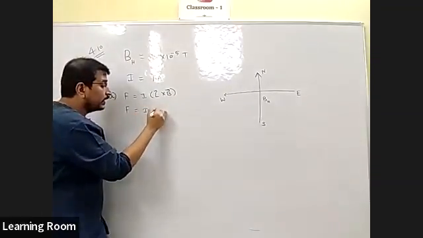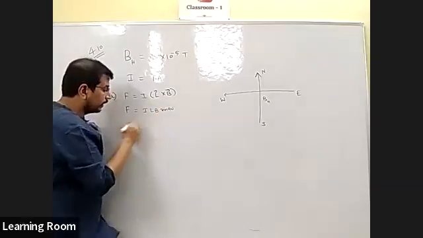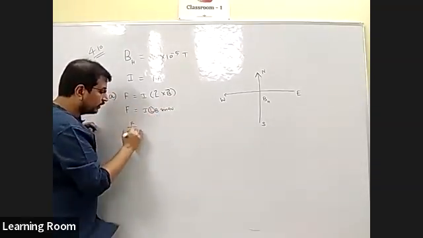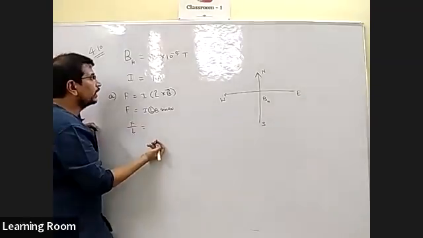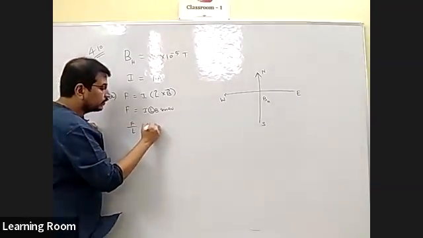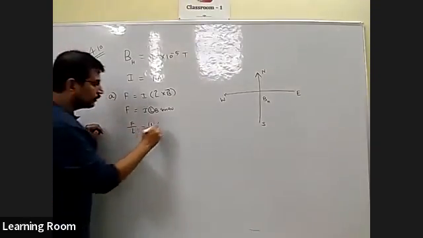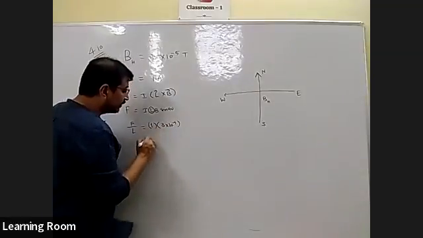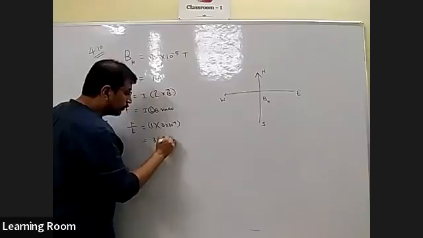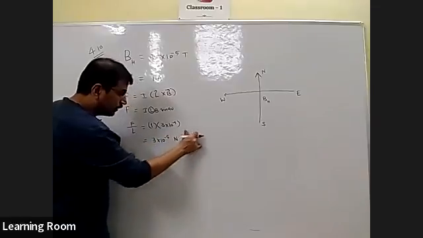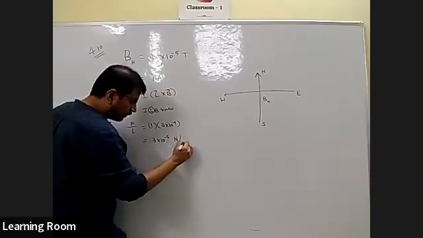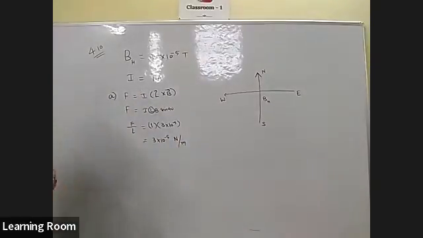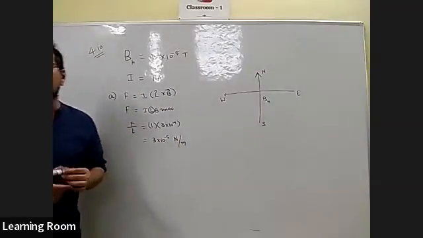So it is ILB sine of 90 degrees. If I bring the L to the other side, F by L will be equal to I, which is 1 ampere, into the horizontal component of Earth's magnetic field, 3 into 10 power minus 5 Tesla, and the answer is going to be 3 into 10 power minus 5 Newton per meter, because it is force per unit length.